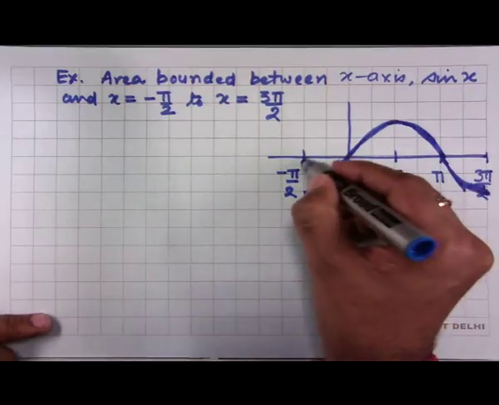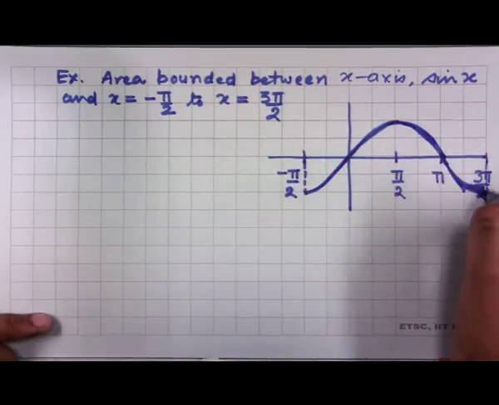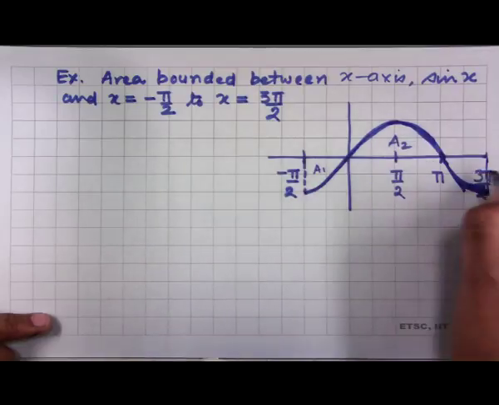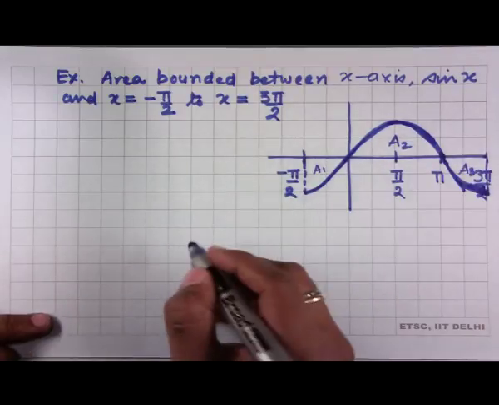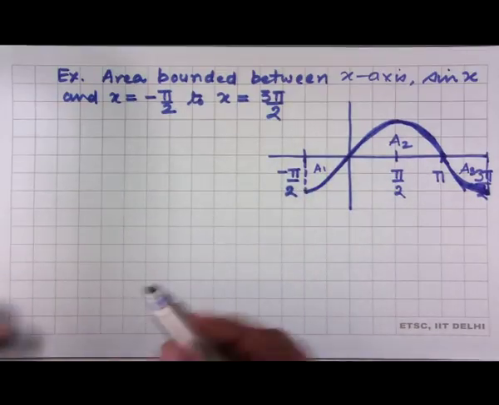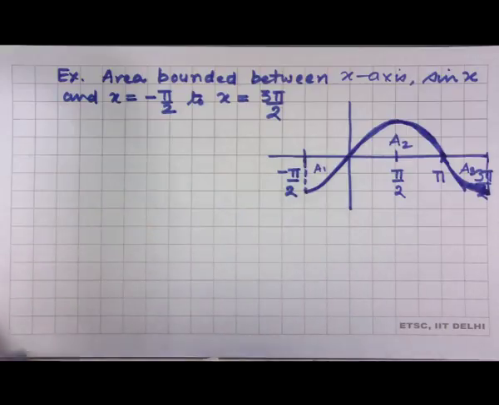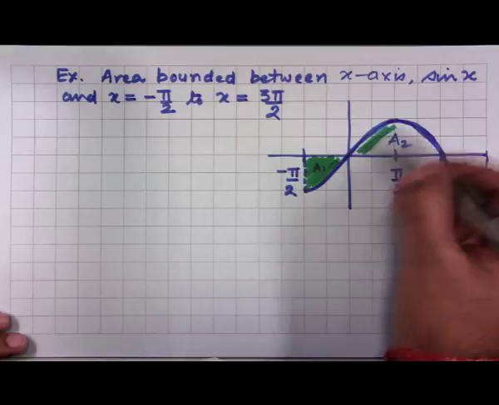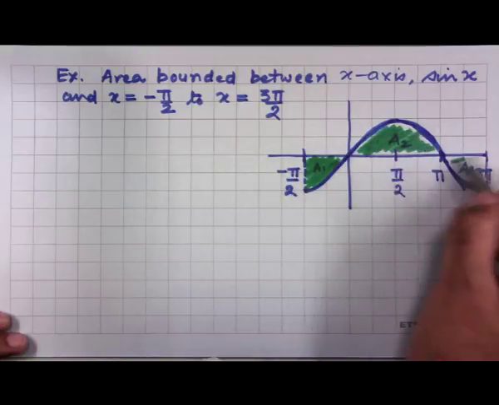So, the required area is A1, A2 and A3, summation of all three. So, your required area, let me shade it. So, required area is this plus this plus this.